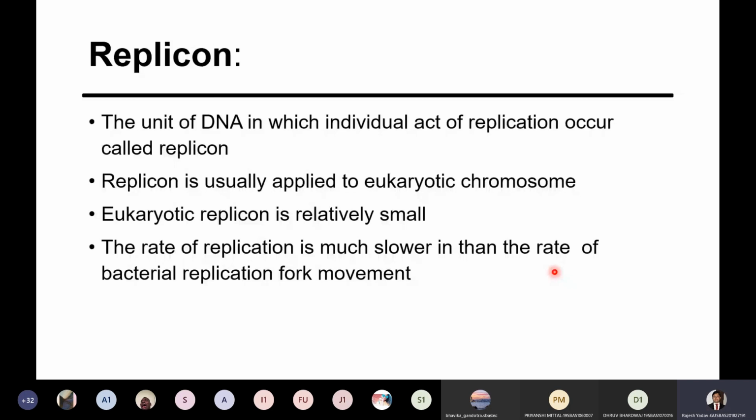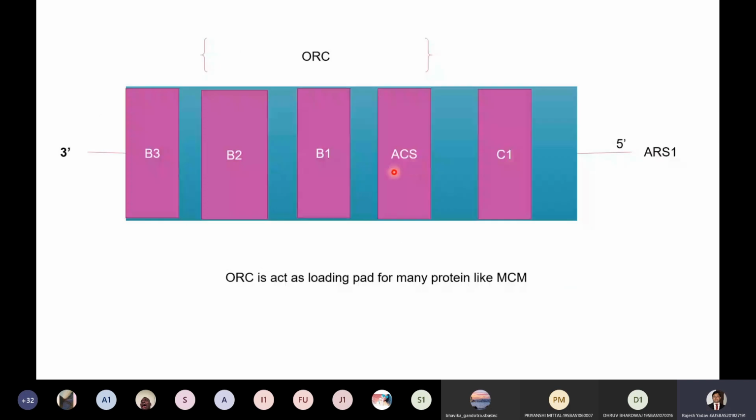So in this portion, the ARS has this ORC region, and the ORC contains B2, B1 and ACS. That means the ACS region, the B1 region and the B2 region come into the origin recognition complex, and there are also the C1 and B3 domains.